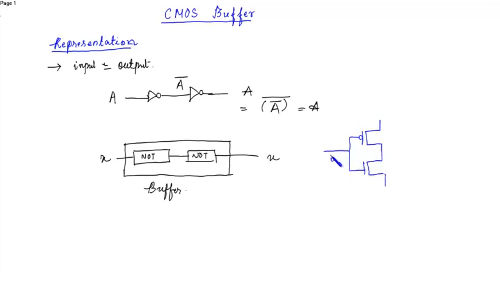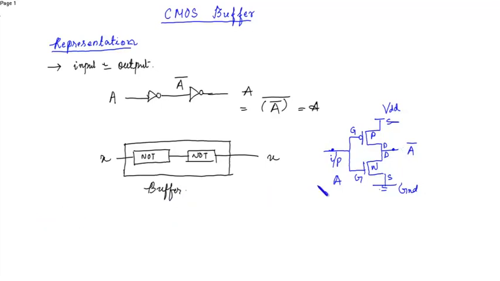This is my input, let's say A. This is my VDD, ground, output A bar. This is PMOS, this is NMOS, source of PMOS, source of NMOS, drain, drain, this is gate and this is gate.